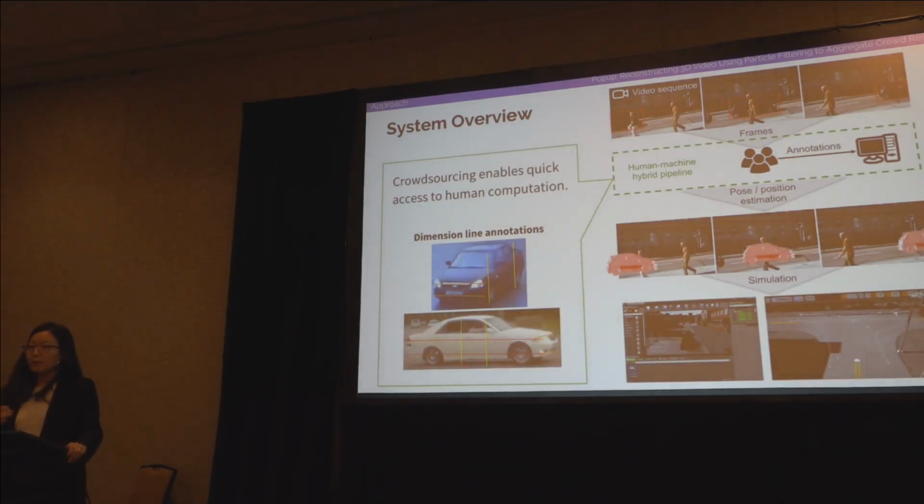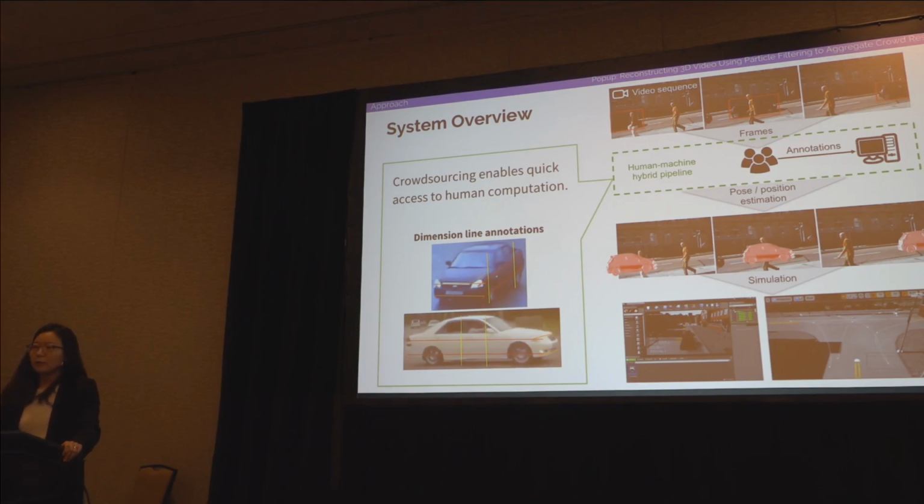To tie this information and bind it to the pixels, we propose human-machine hybrid systems. The system we introduce has the video as an input and estimates the position and orientation of the target object so that we can reconstruct the 3D scenes.